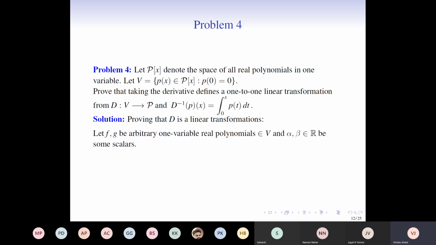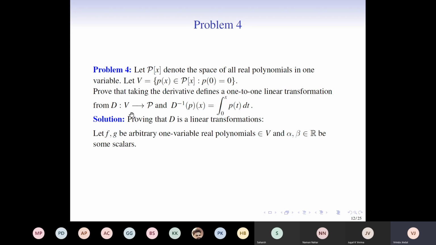The basic idea of a linear transformation is that we just need to prove that f(a v1 + b v2) is a f(v1) + b f(v2). We can distribute it over addition, and we can pull out constants from the function.